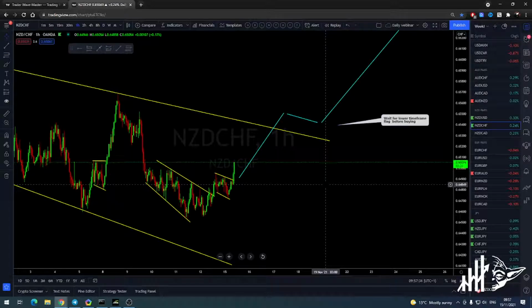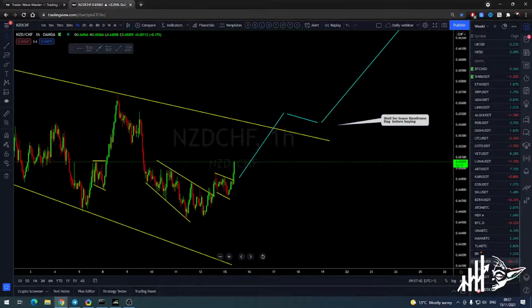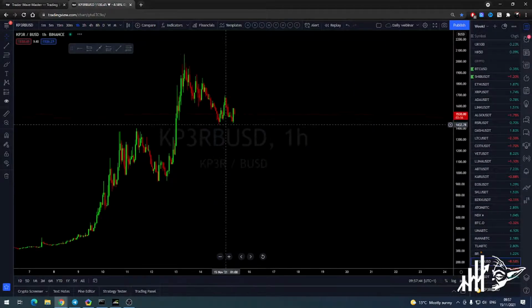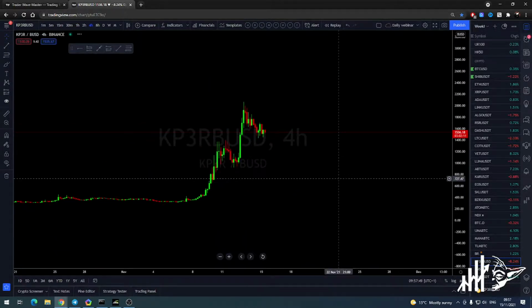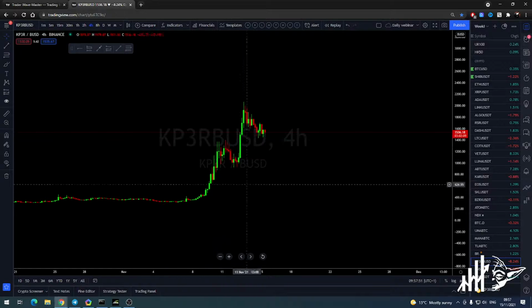Keep an eye on these 3 coins in total. They are quite volatile and they can go. This is an interesting movement, interesting volatility.